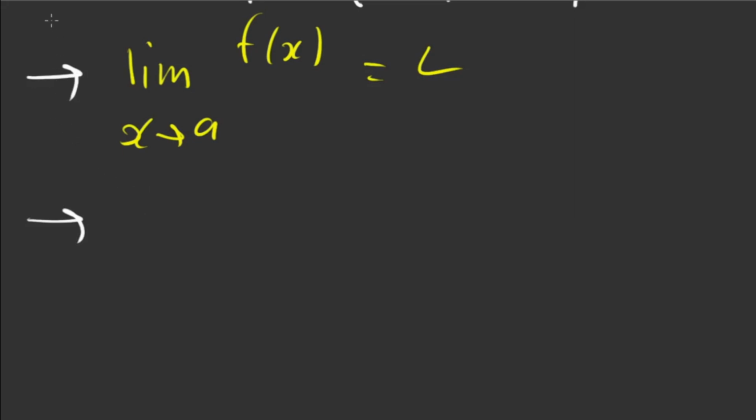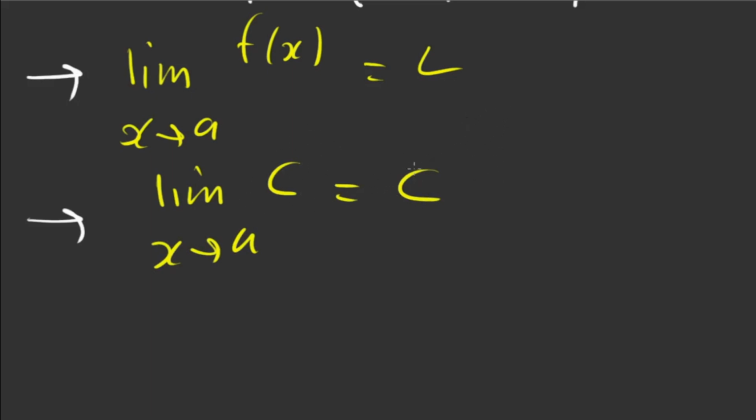But another property is the limit as x goes to a of c is equal to c, where c is the constant.